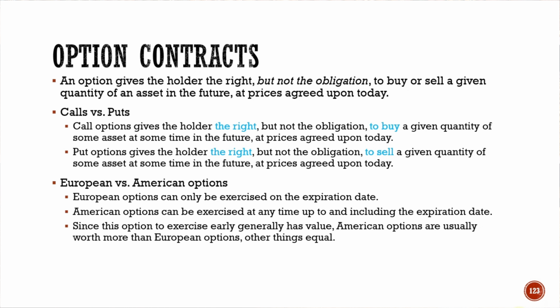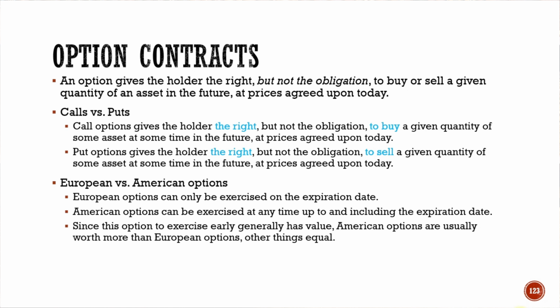Option contracts. An option gives the holder the right, but not the obligation, to buy or sell a given quantity of an asset in the future at prices agreed upon today. A call option gives the holder the right, but not the obligation, to buy a given quantity of some asset at some point in the future at a price that is agreed upon today.